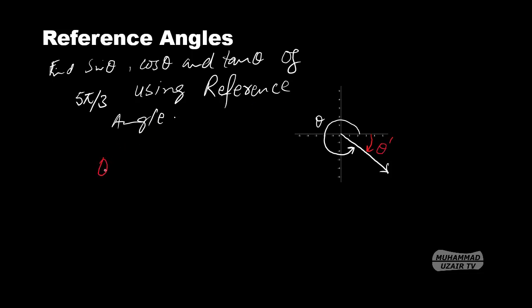Theta dash is the reference angle, so theta dash will be equal to 2 pi minus theta, which is equal to 2 pi minus 5 pi over 3, which is equal to pi over 3.